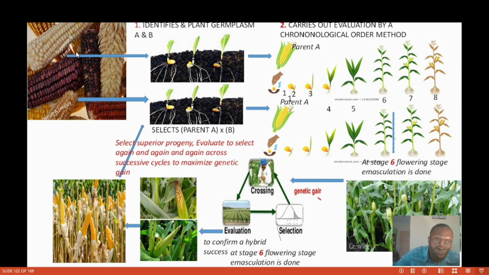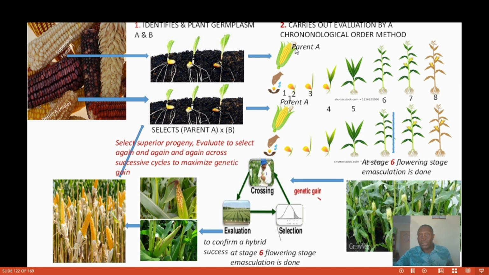But we also know that we have the other aspect that is good in this other maize. So we choose or identify the plant germplasm from the genetic resource of maize. And when we do that, we grow them, as you can see, the two parents.